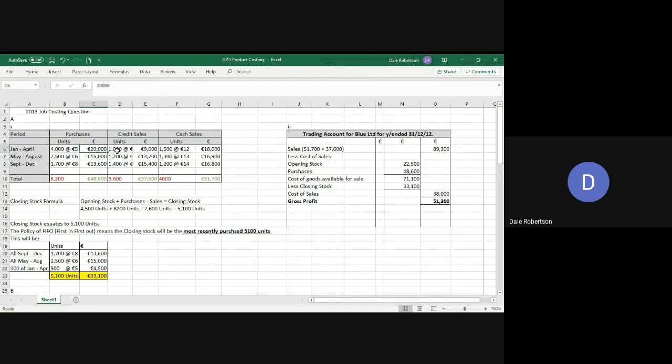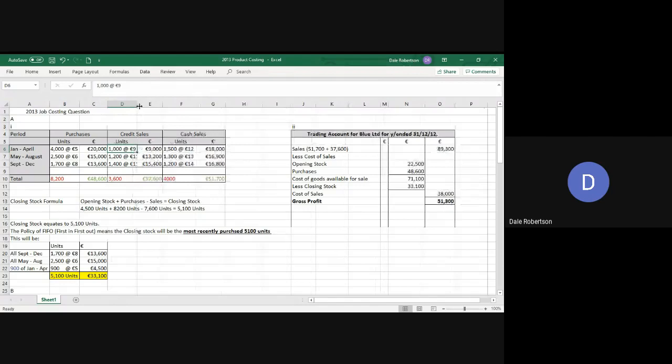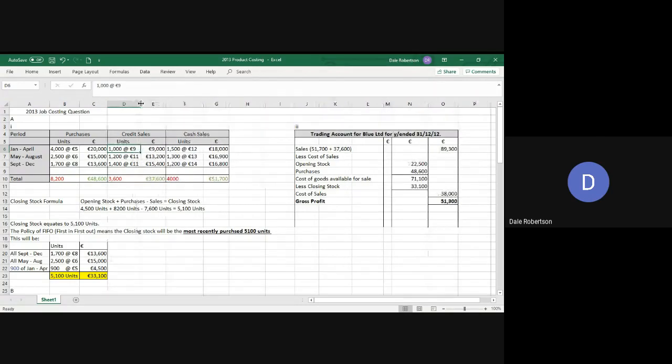The 1,000 units by €9 per unit, which will give you €9,000. And the 1,500 units by €12 per unit gives you 18,000. You do the same for May to August, period 2, and you multiply out. And you do the same for September to December, period 3, and again you multiply out.